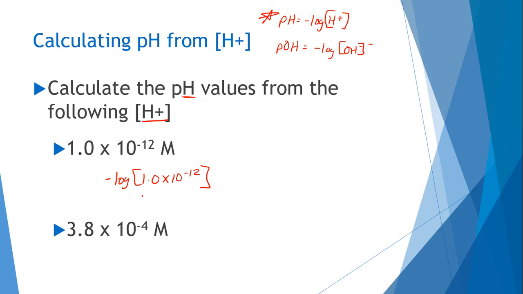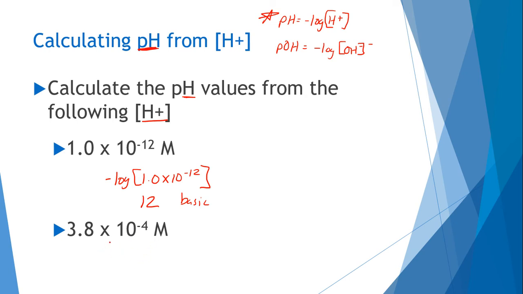And you're going to put that in your calculator and see that it equals 12. And you can ask yourself, is this acidic, neutral, or basic? And this would actually be considered basic because this number is bigger than 7. I want you to please note that you always base whether something's acidic, neutral, or basic on your pH value.